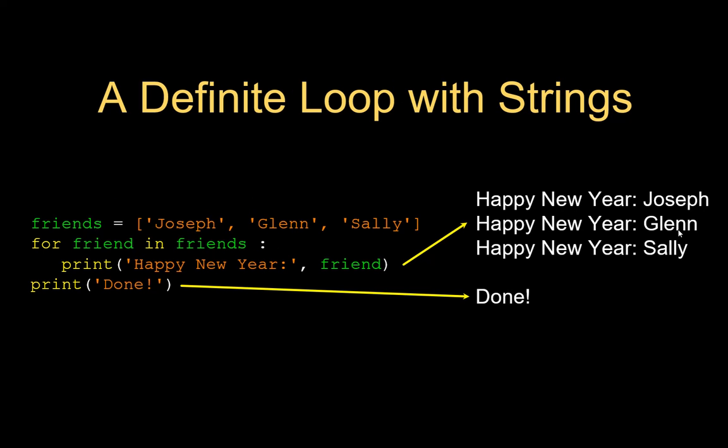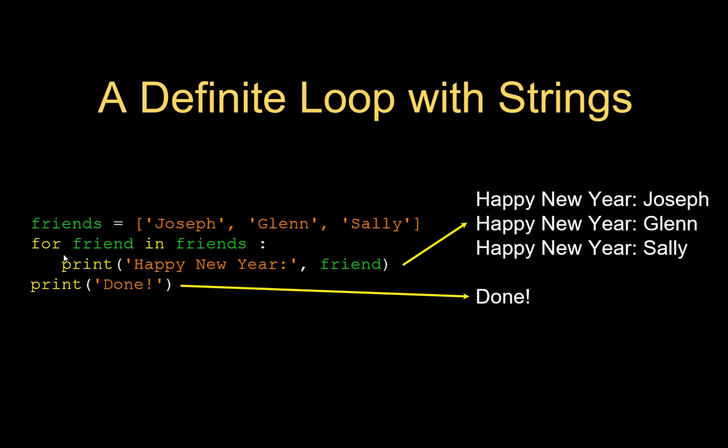So here we have another one. As we discussed previously, we're going to use mnemonic names, which means we're going to use variables that make sense to us. So here we use a variable called friends, and friends has a string of 3 names: Joseph, Glenn, and Sally. And we're going to have a loop for these variables.